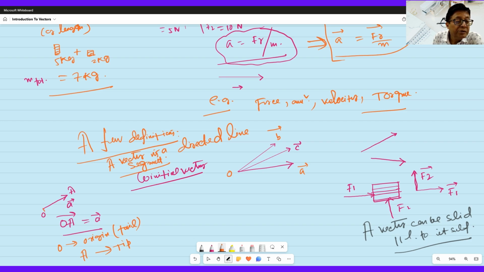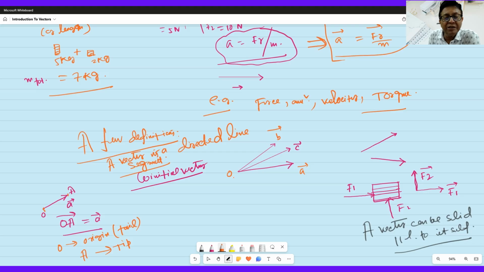So tail and tip, starting point and finishing point. The length of this line segment will be the magnitude. It has fixed magnitude and fixed direction. That's why it is a vector.